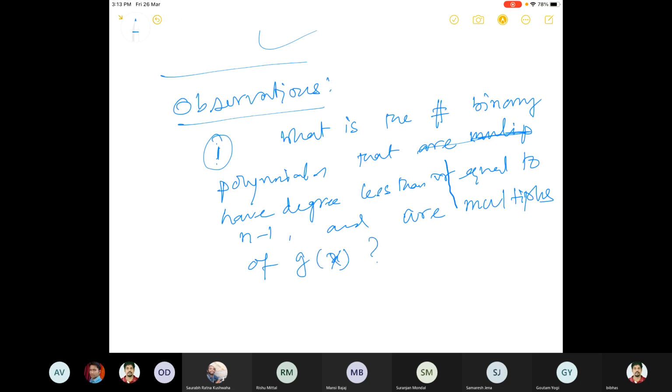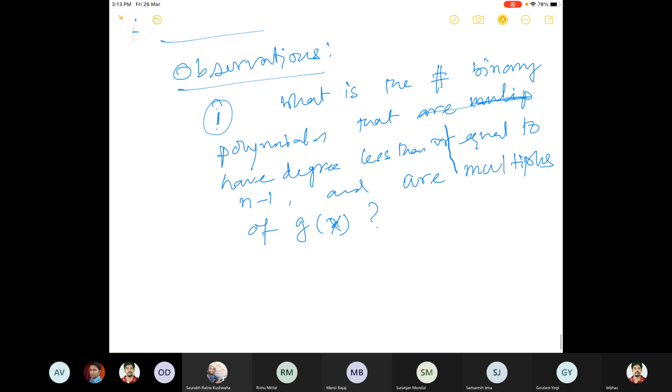G(x) is the polynomial of minimum degree, let's say r. So how many binary polynomials will be there whose degree is less than or equal to n minus 1, and which are some polynomial multiple of G(x)? How many such polynomials can there be?